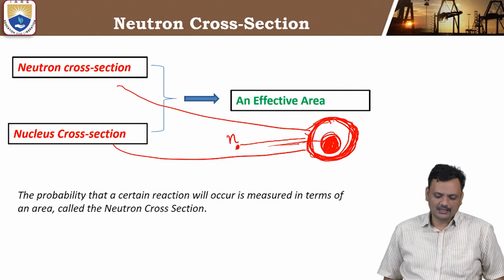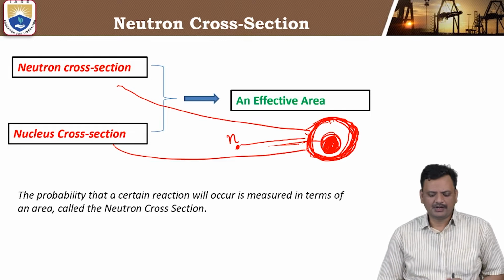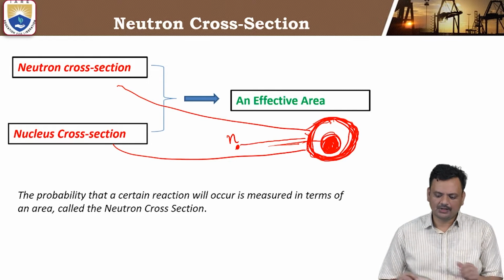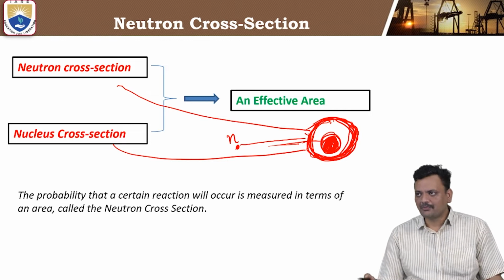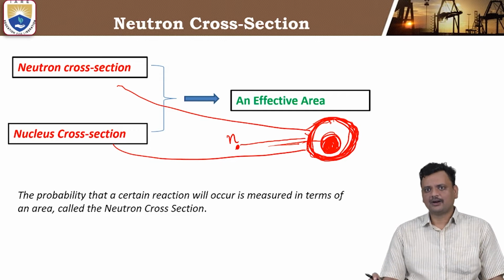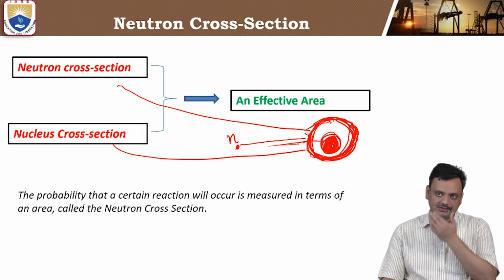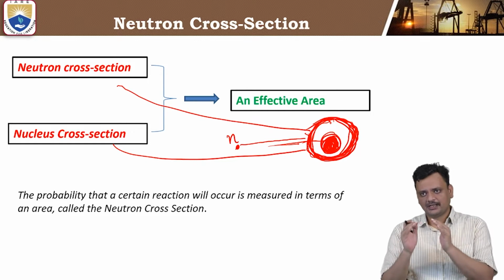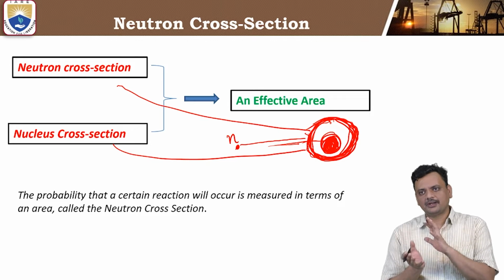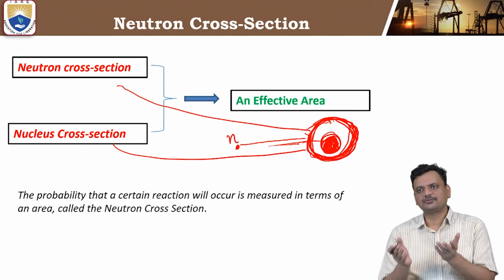The classical definition is an effective area where neutron and nucleus go for interaction.